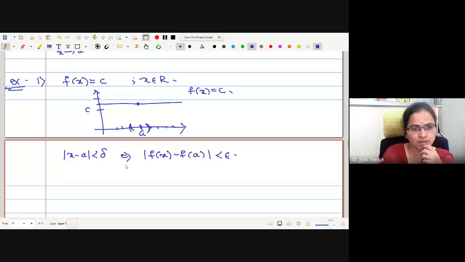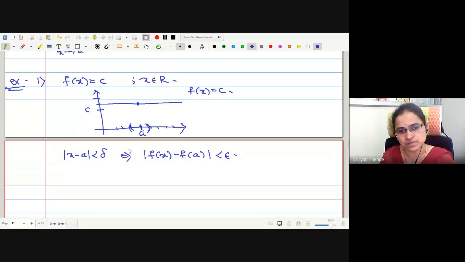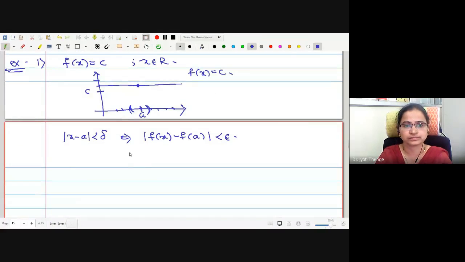Can anyone tell me the epsilon delta relation in this example? Here the value of delta depends on epsilon, no? Yes, students.